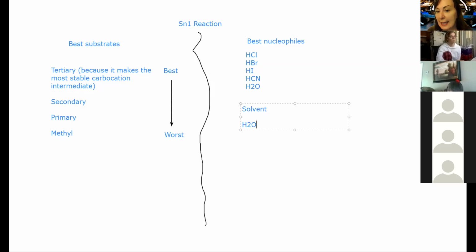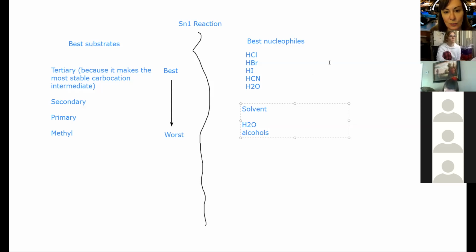We wanted what is called an aprotic solvent. In SN1, we're okay having protic solvents. We need protons for this reaction to go, so we're okay with using water. Sometimes we also use alcohols as solvents for this reaction, and that's okay. You can use alcohols. They have protons. They're fine solvents to use in this particular case, okay?